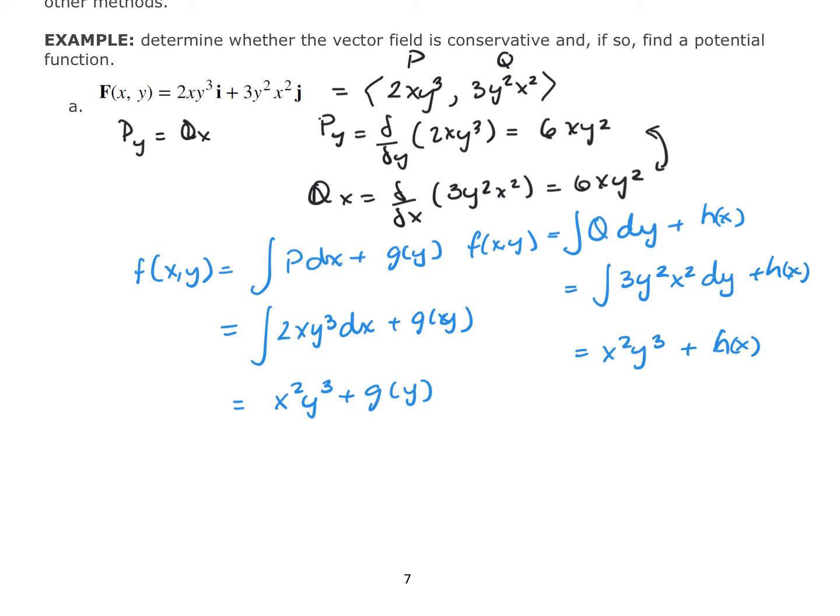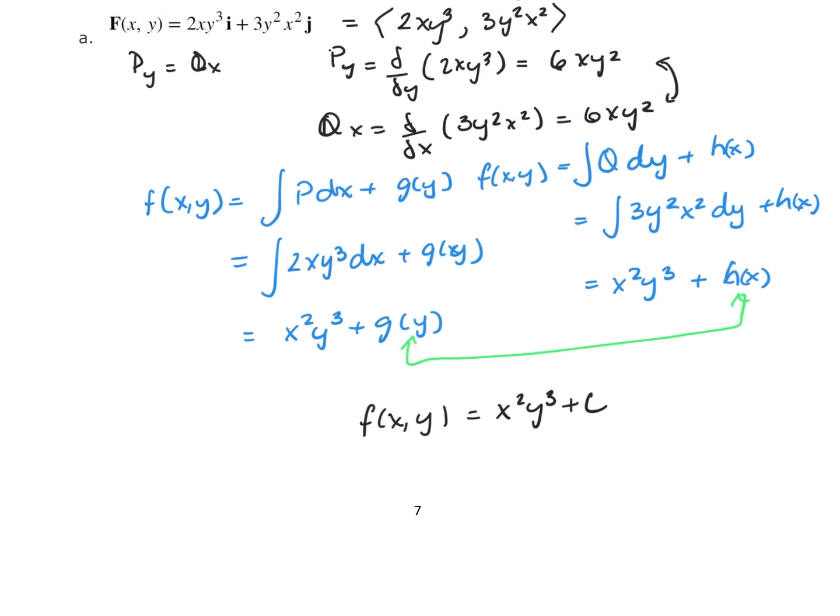And of course, since these have to be equal, the only way these two are equal is if h of x and g of y are equal to 0. So then my f of xy is just equal to x squared y cubed plus c, and that's it. So unlike my previous one where I did that substitution to actually find a value, I'm just asked to find the potential function.